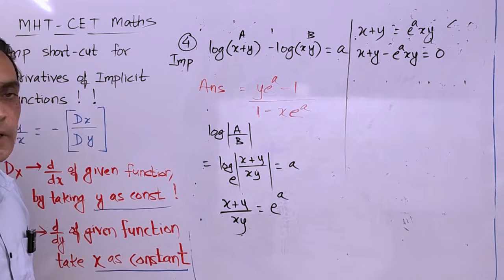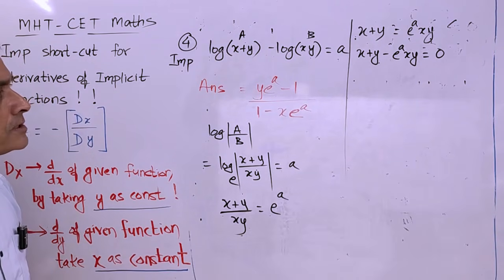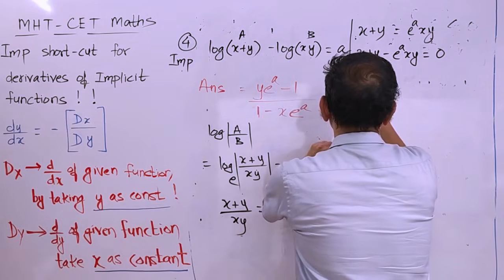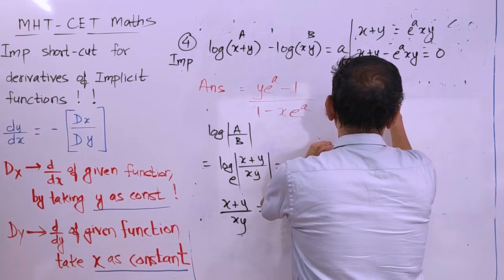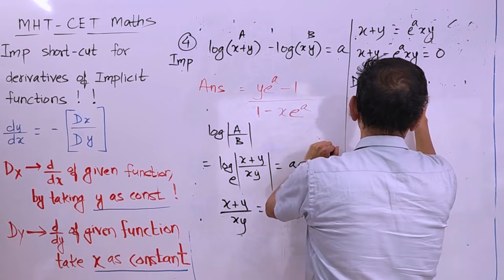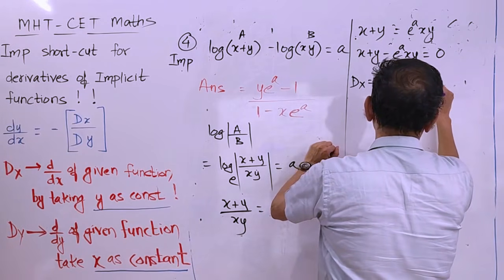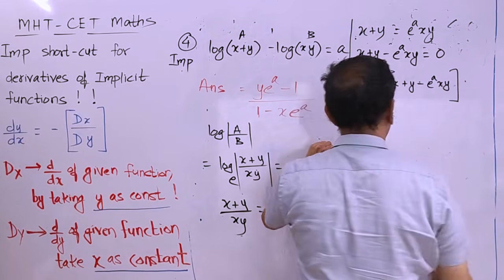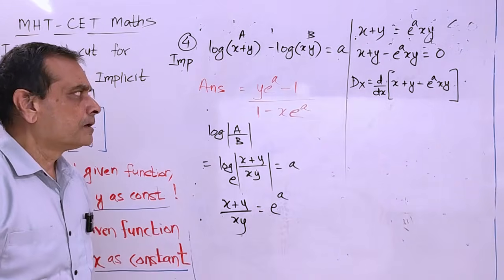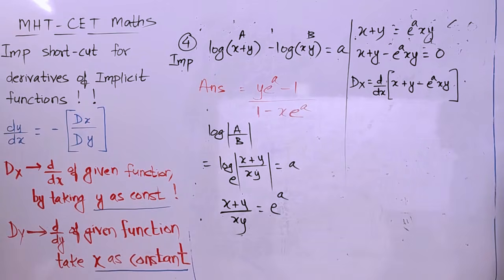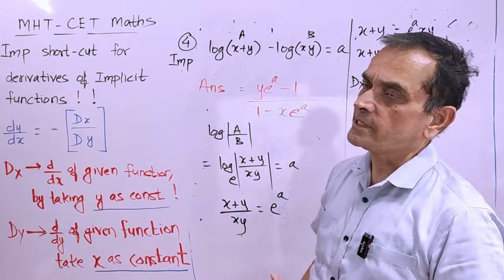Now after getting this as the main equation, let us go for the shortcut formula to find dx. If it was not for the shortcut method, d by dx of xy means you will have to use product rule and it becomes lengthy, 3 to 4 minutes or maybe 5 minutes.